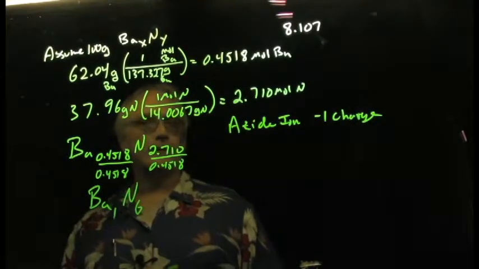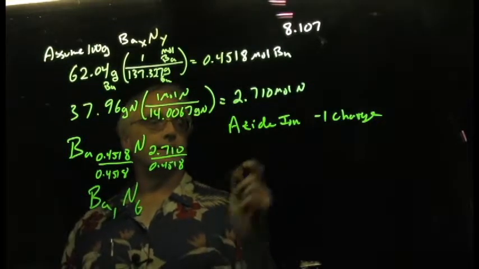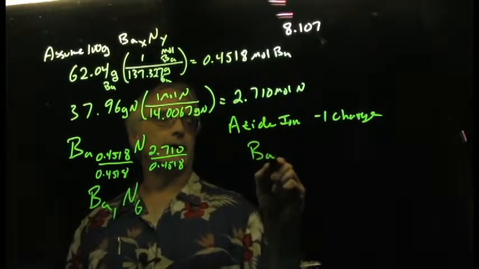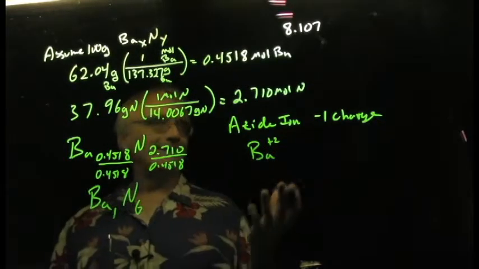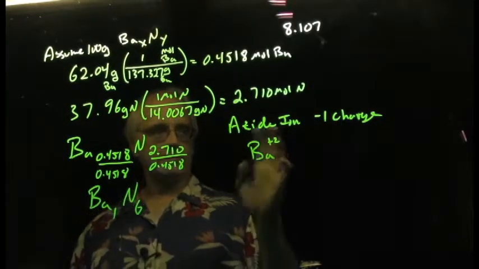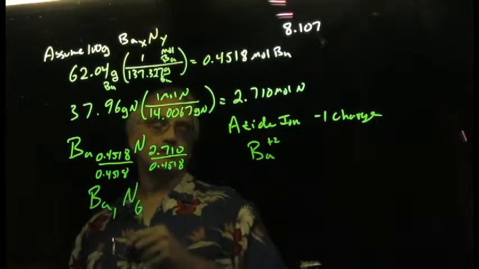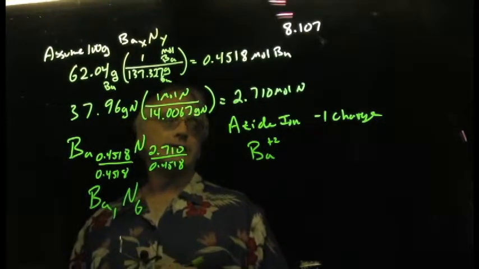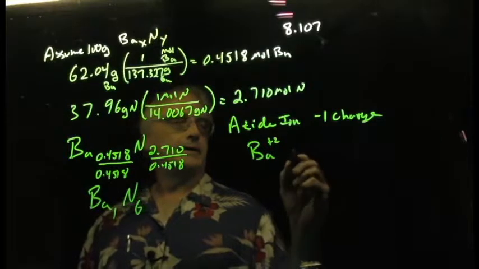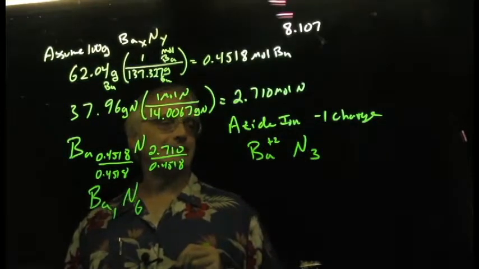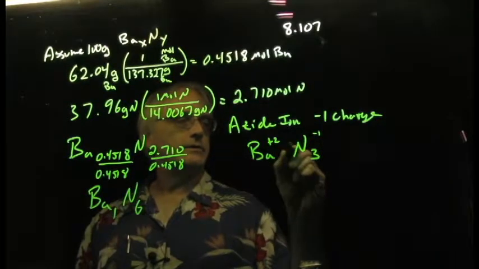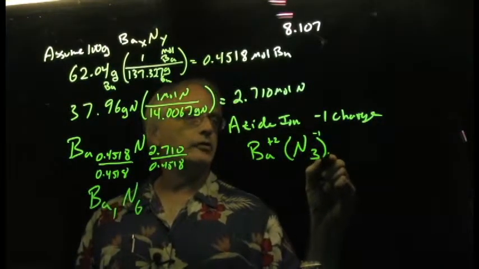And of course, barium, sitting in column 2 of the periodic table, is itself going to have a +2 charge. And so I'm going to need 2 azide ions to balance out the charge. With 6 total nitrogens, it seems I'm looking at the azide ion having 3 nitrogens apiece in it. That's the -1 charge, and therefore I'm going to need 2 of them.